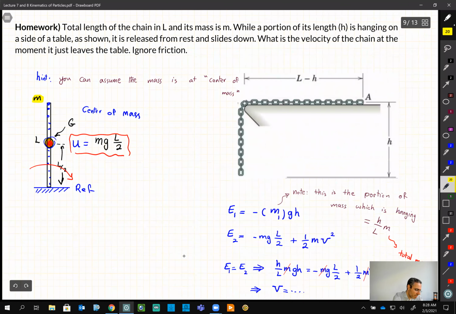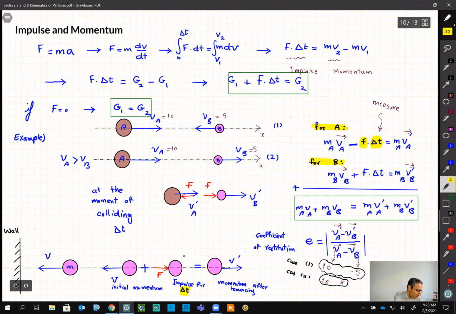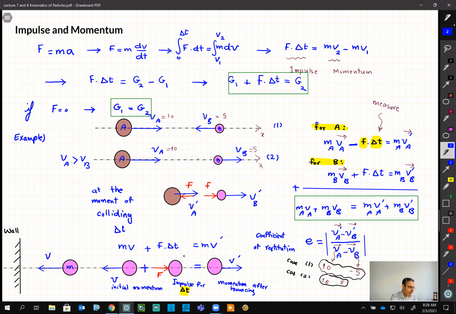So the only relation that I can write for this is that mv plus F delta t is equal to mv prime, right? So let's see how many unknowns we have. We don't know the time, we don't know the force, and we don't know the v prime. The only things that we know are mass and initial velocity.